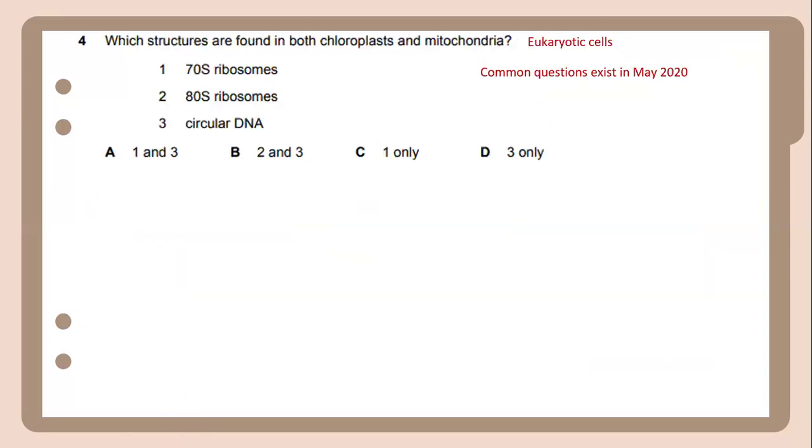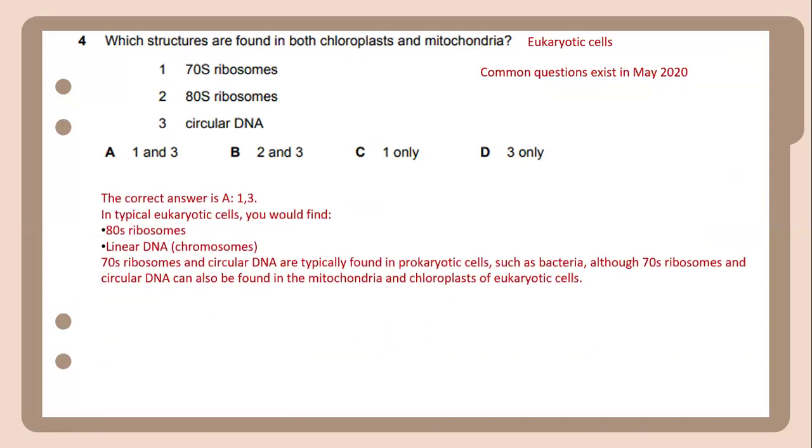Number 4: which structures are found in both chloroplasts and mitochondria? This is actually a common question that already appeared in May 2020, and the question is asking about eukaryotic cells. The correct answer will be 1 and 3, which is 70S ribosomes and circular DNA.